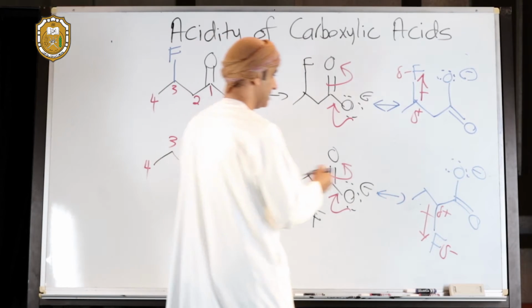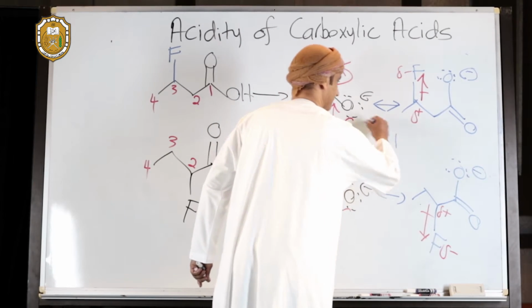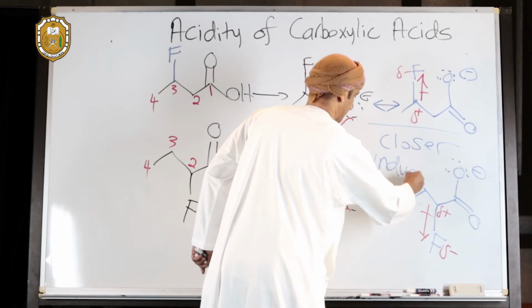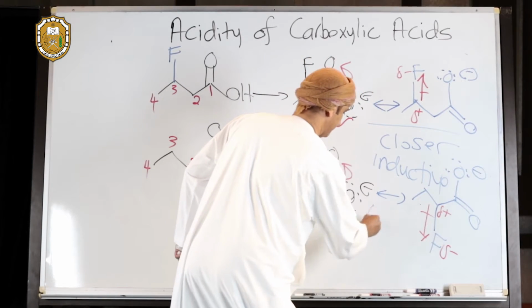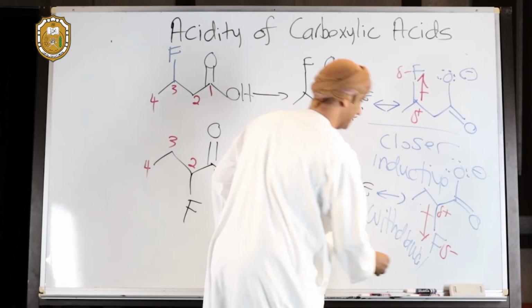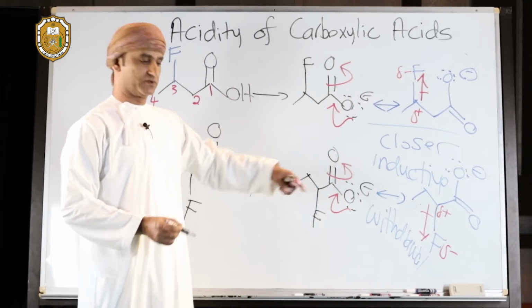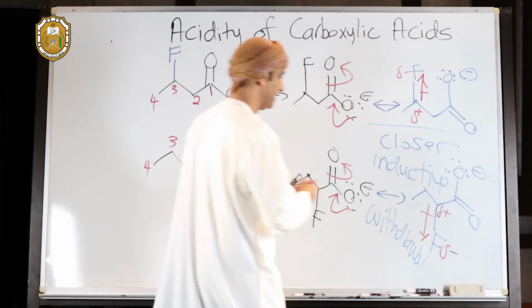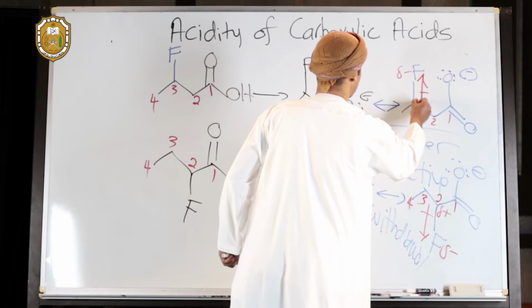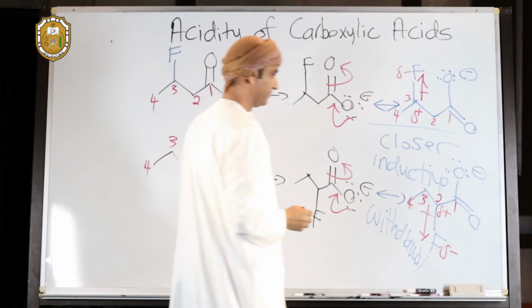So if you like, we can summarize this as closer inductive withdrawal here. So there is closer inductive withdrawal. That's because the fluoro group is on carbon number 2, whereas the fluoro group here is on carbon number 3.